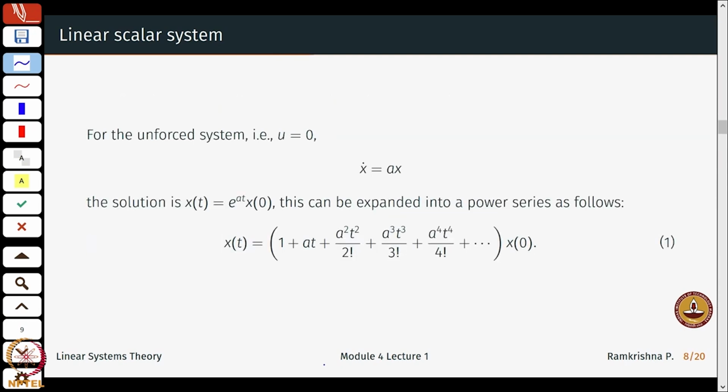Okay. So, let us first start with the unforced system. It is equally interesting to look at the solutions of the unforced system.